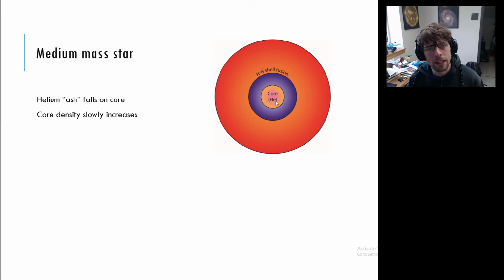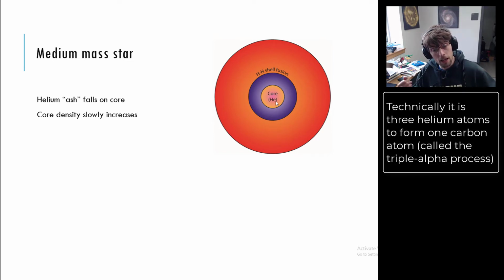What does that mean? That means that we're packing more material into the same volume. The density of the core is slowly increasing. Now, if we're thinking about this random process again of atoms in the core walking around until they bump into the right atoms to fuse, we're increasing the likelihood of two helium atoms smashing together and starting the fusion process.